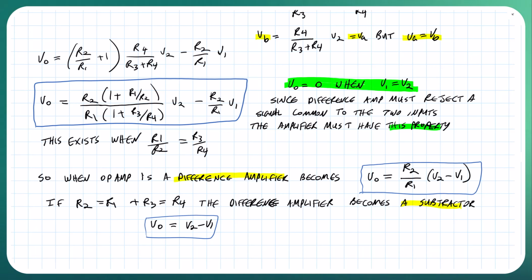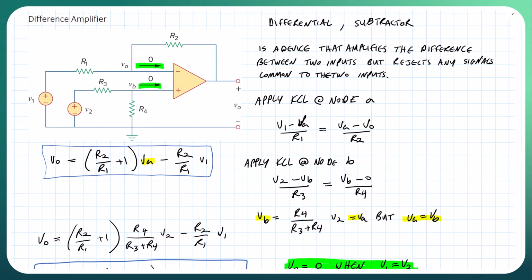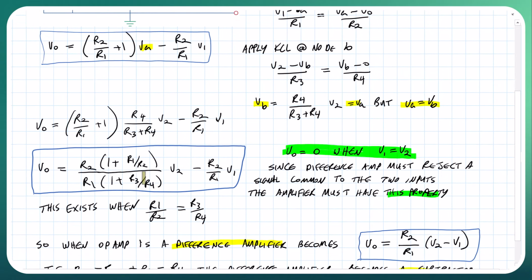So that's the definition of a difference amplifier, or differential amplifier, or subtractor. We did basic KCL across nodes A and B to come up with this equation.